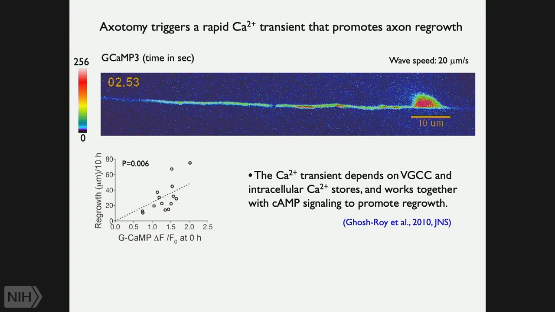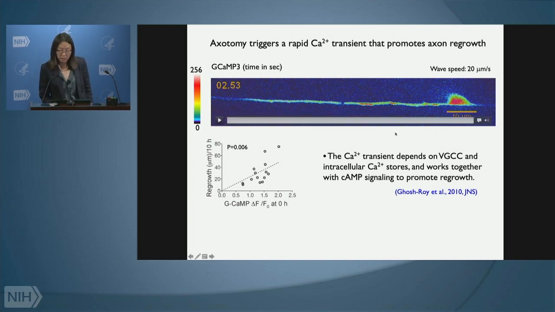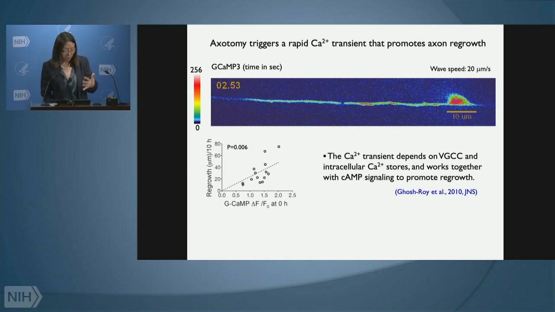Indeed, through genetics and pharmacology, we were able to link the calcium transient to voltage-gated calcium channels as well as intracellular stores. This very rapid calcium transient works together with the cyclic AMP second messenger system to promote axon regrowth. In many ways, cyclic AMP signaling promoting regeneration of injured peripheral nerve has long been studied in the mammalian field, particularly by Wolf and also Marie Filbin many years ago.